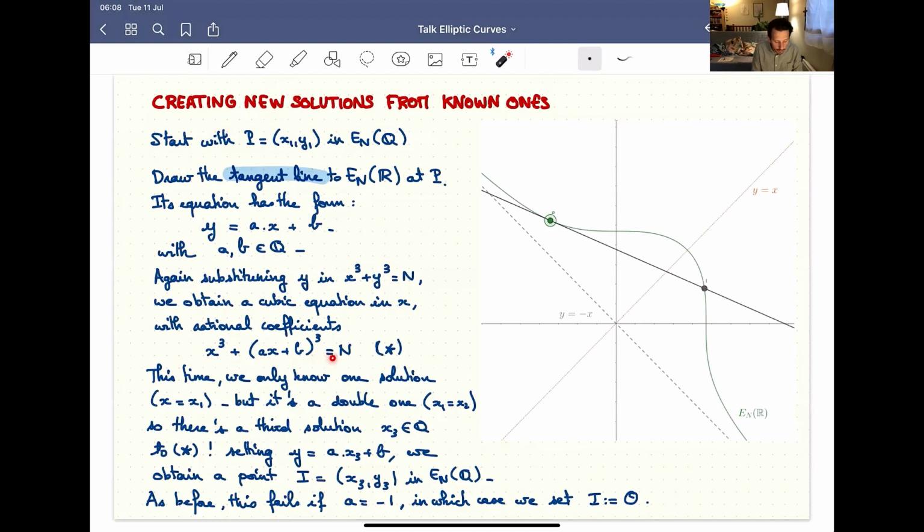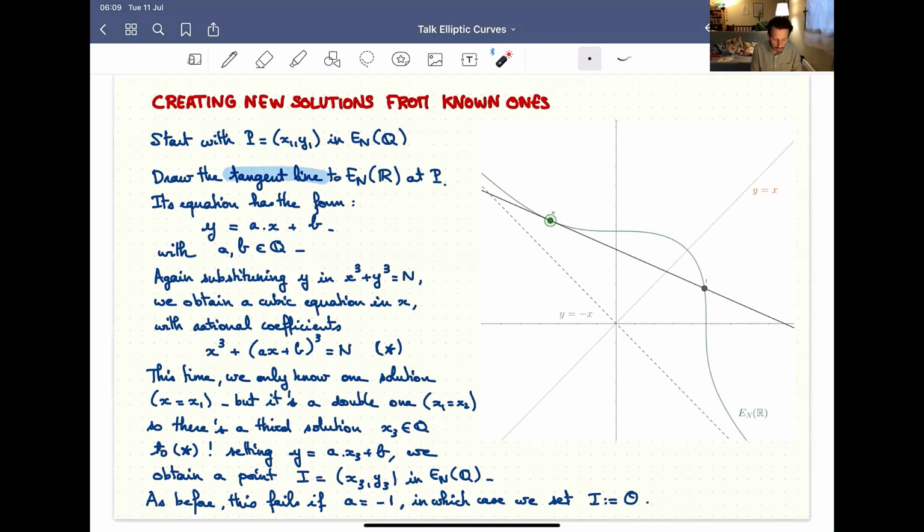It still has rational coefficients. And the trick that we used before: if I have a cubic equation with 2 rational solutions, then it has a third solution, which is also rational. This time we only know one solution, but it counts as two solutions. So we can use the same trick. There is a third solution, x3, which is rational.